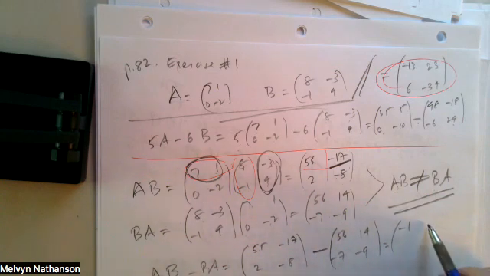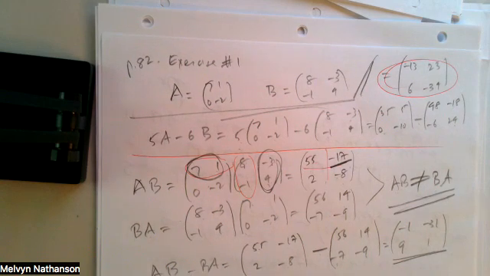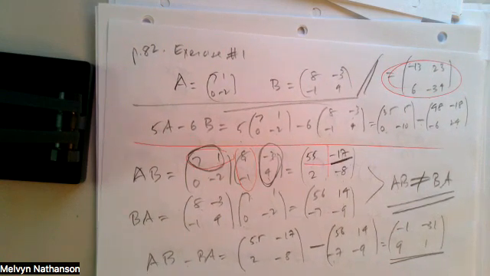Minus 17 minus 41 is minus 31. 2 minus minus 7 is 2 plus 7 is 9. Minus 8 minus minus 9 is minus 8 plus 9 is 1. So AB minus BA is this matrix. Right. That's just what it turns out to be, and that's it.